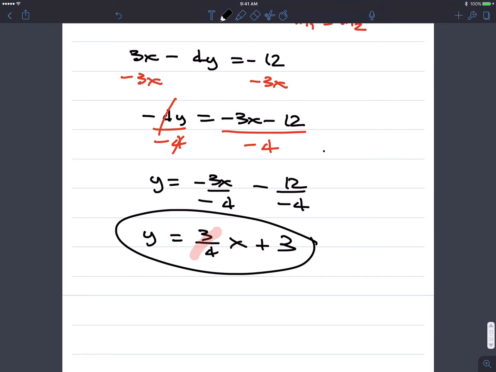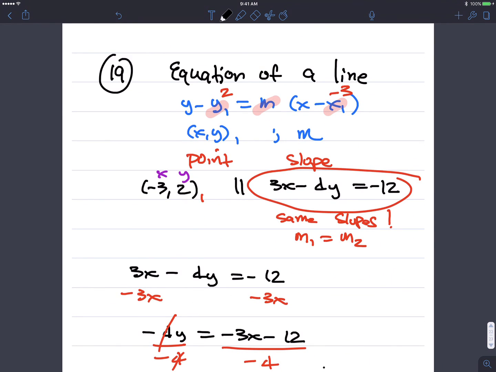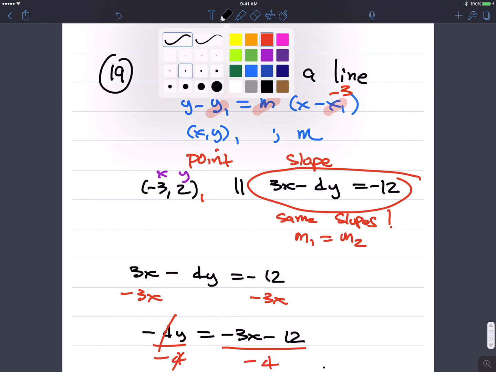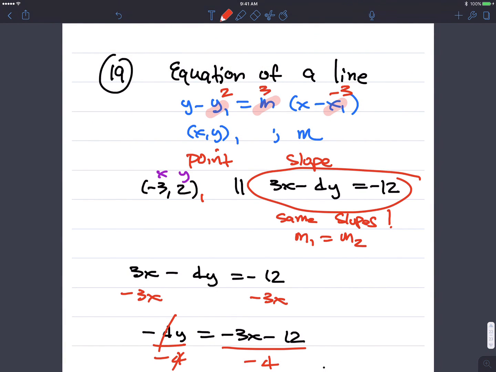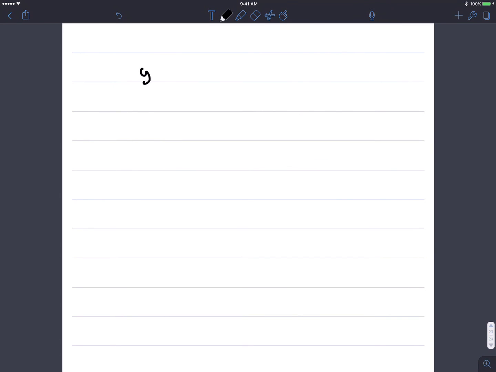So using the slope of 3/4 here now, let's go back. Here we go. Replace m now with 3/4. So we got y minus 2 is 3/4 x minus a negative 3. Let's hope we don't forget that. Y minus 2 is 3/4 x minus a negative 3.